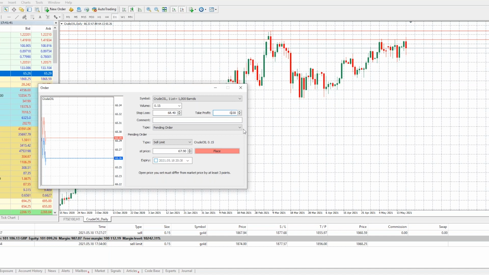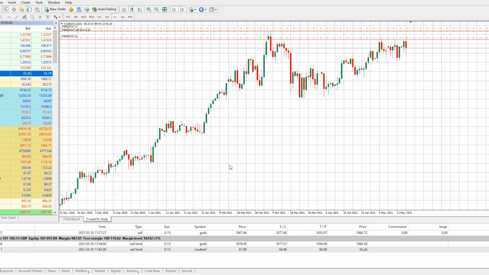So if you're getting in at 67.9, maybe 66.9, $1 down, which is more than 200% potential profit compared to what you're risking with 50 cents risk, or exactly 200%, I should say. Okay, risking 50 cents per barrel, going after $1 profit per barrel.